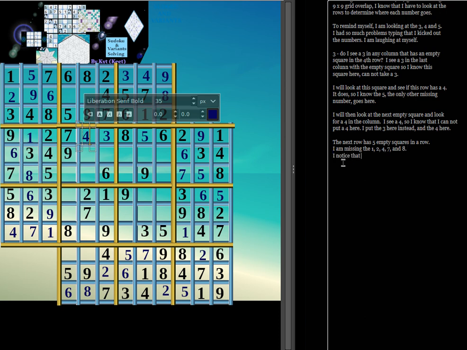I noticed that the right box has an 8 and the left box has the 7. This tells me that I must put an 8 on the left and the 7 on the right.